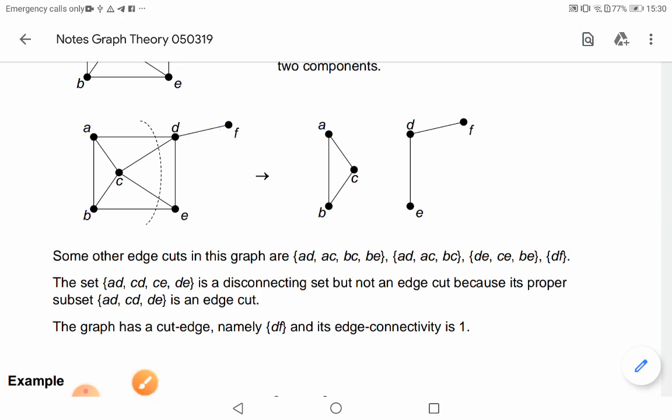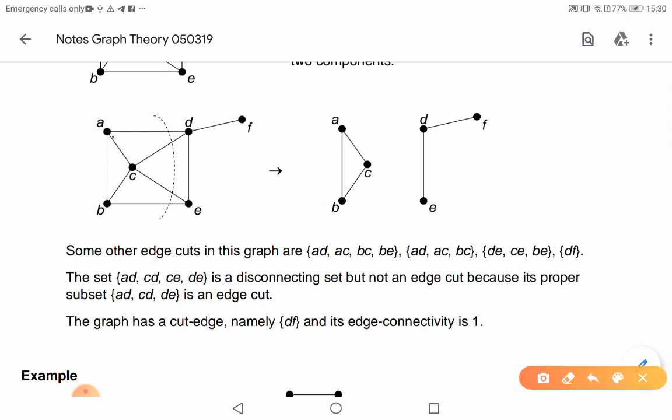If we have the set AD, CD, CE and you cut them, the graph is disconnected into two components. Is it?